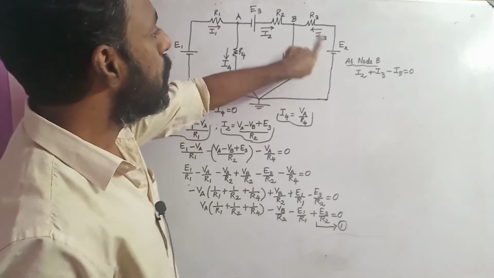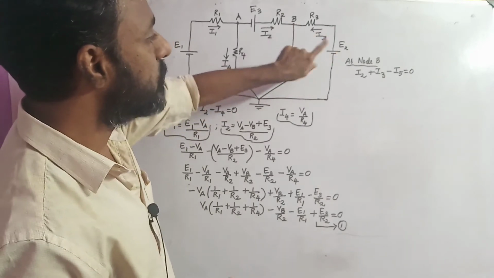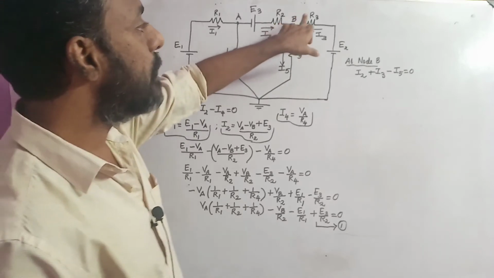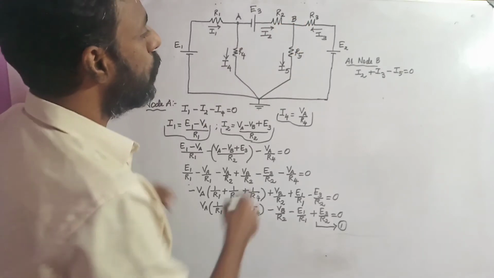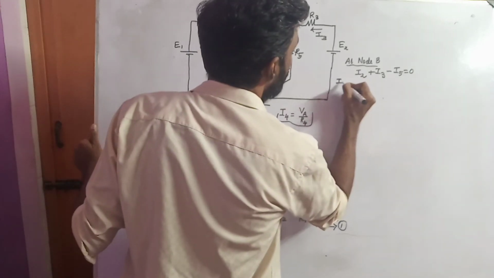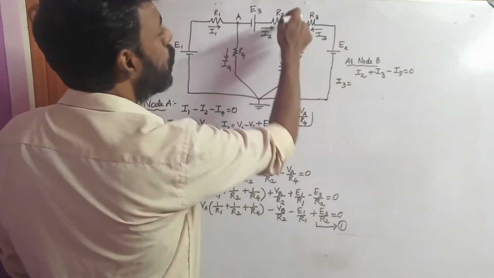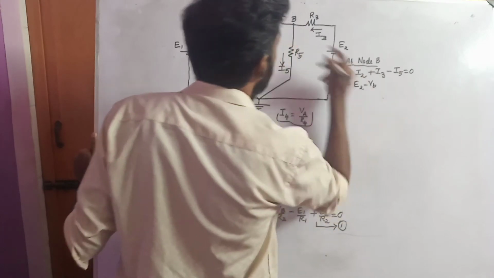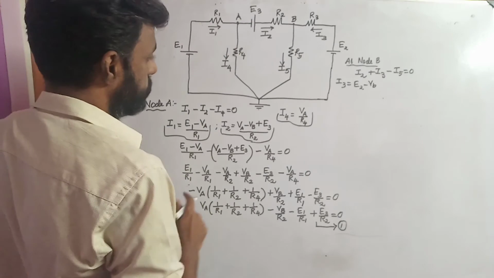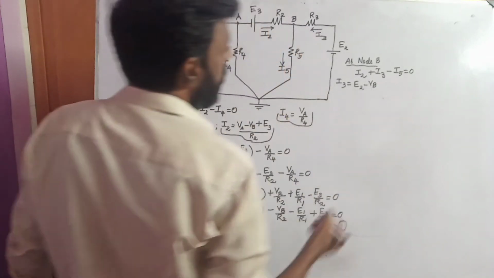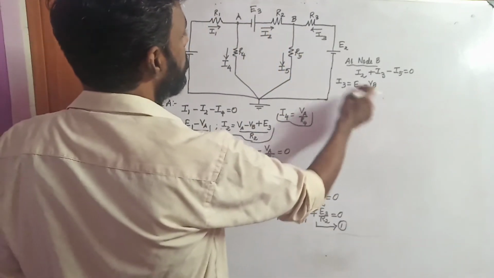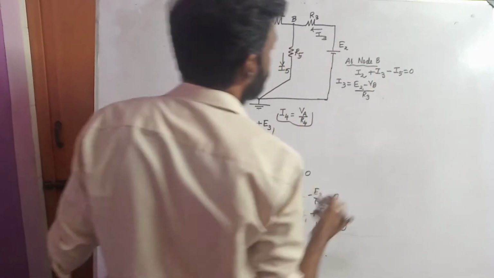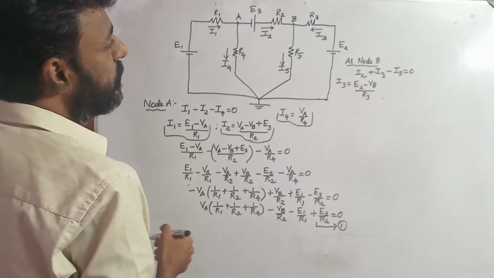I3 is nothing but you have two different sources here: one is E2, another one is the voltage that is being developed in node B. Therefore, I3 will be equal to E2 minus VB divided by R3.